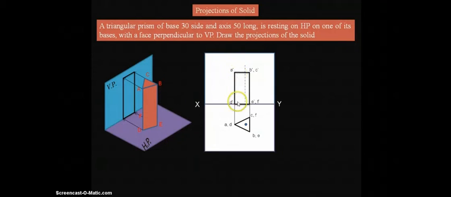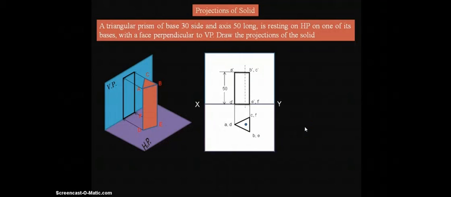So here we got A and D, and in the front view B and C will appear at the same point, so that's why we have to give B comma C. Similarly E and F will also lie on the same line, that means they appear as one point, so we represent that corner as E dash comma F dash. Similarly in the top view A and D appear as the same point, C and F appear as the same point, and B and E appear as the same point. So for that we have represented A comma D, B comma E, C comma F.